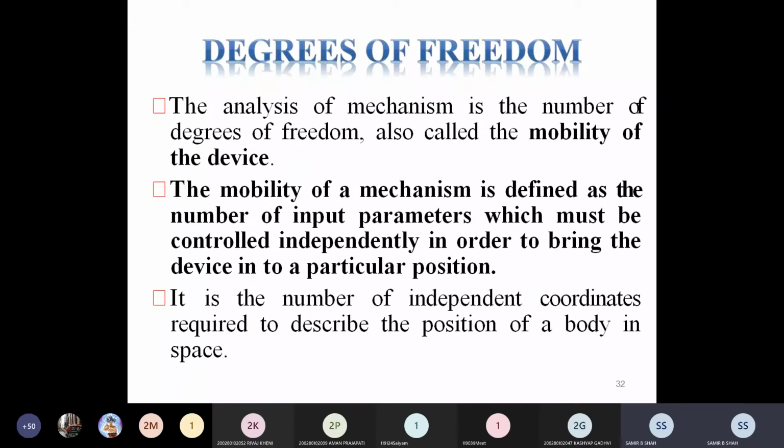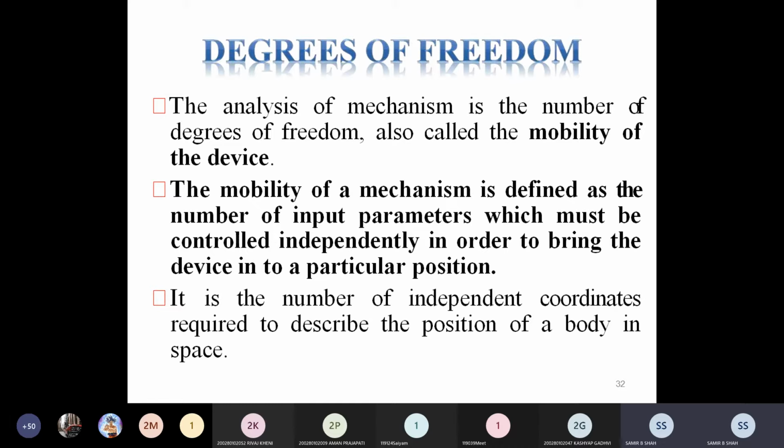If we can individually control each and every parameter, then it is called mobility. It is the number of independent coordinates required to describe the position of a body in space.